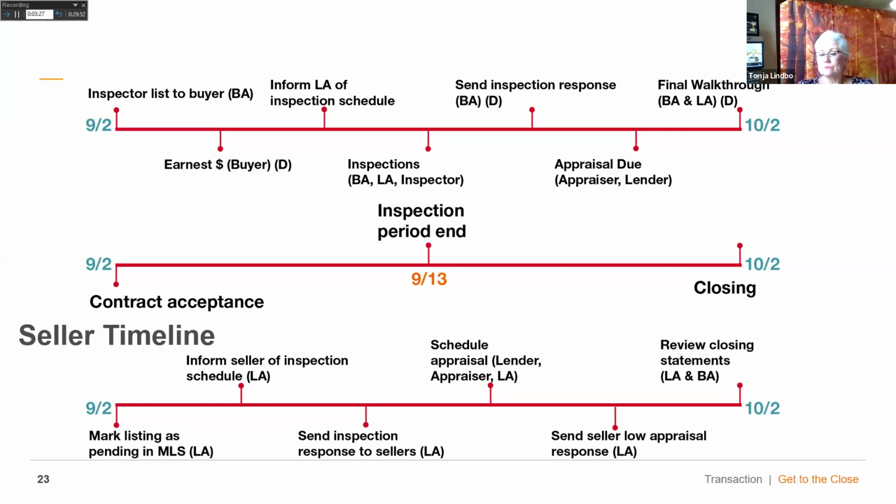And to help the seller out, sometimes I will say, you know what, if you're giving up a concession, I won't have any realtor fees on that concession. Let's say someone's giving up $10,000 in concessions.